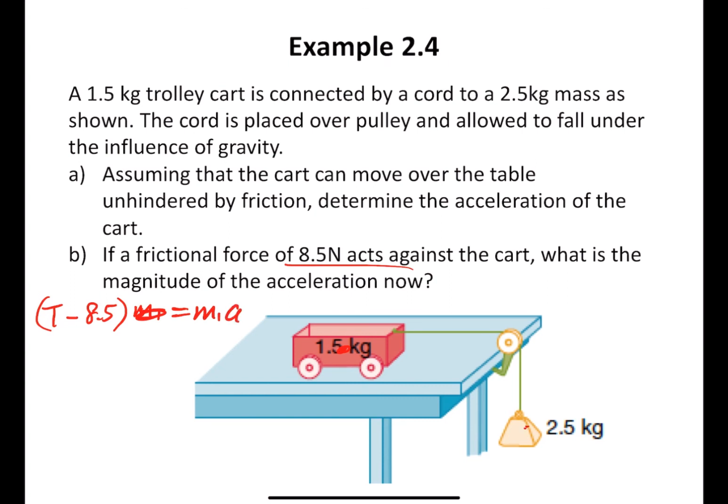The second equation still is M2G minus T equals M2A. So you only get an extra number. From here it's a little more complicated. T is equal to M1A plus 8.5. I let you do the math. The math is not difficult. You just do the same thing, solve for A and find T.